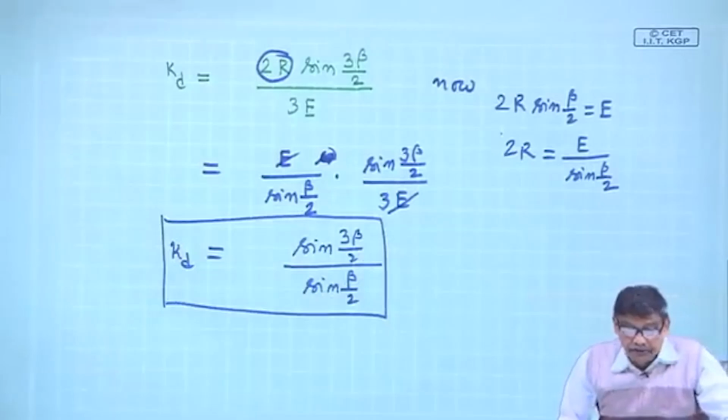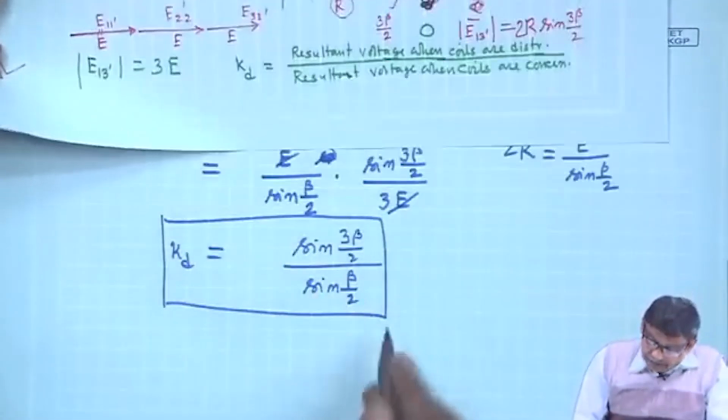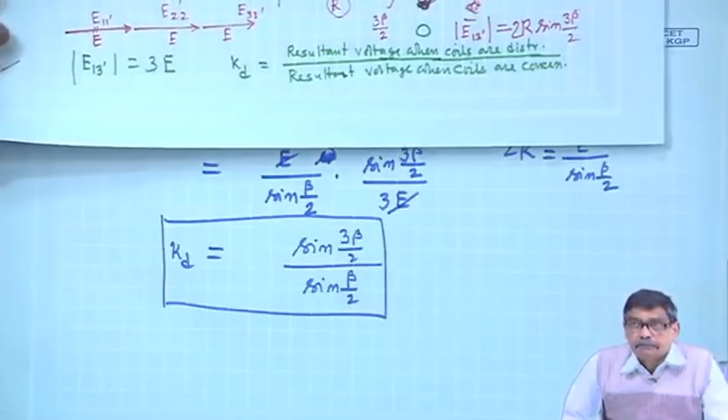So, if you have distributed 3 coils, the ratio of these voltages will be a number less than 1.